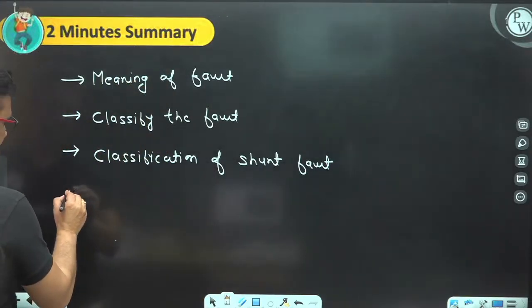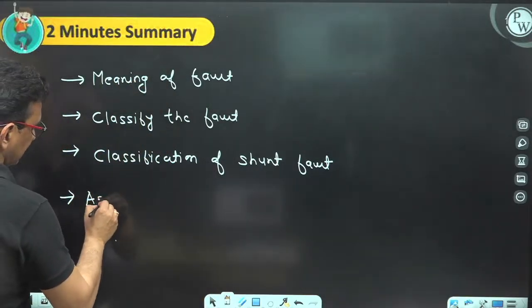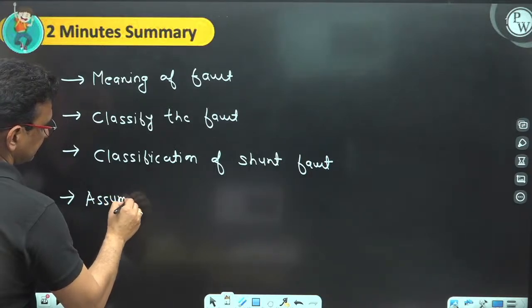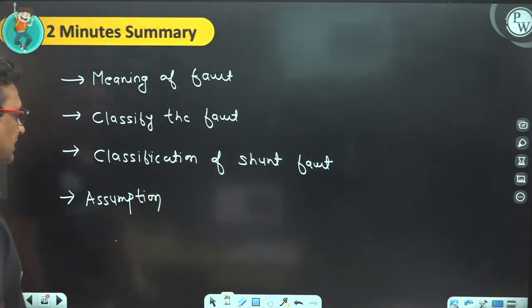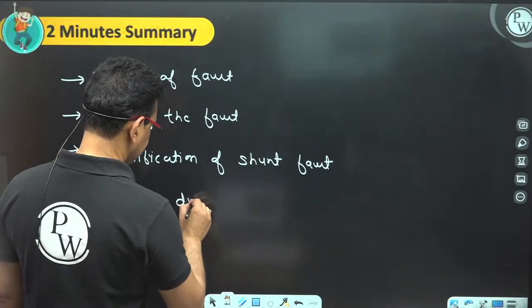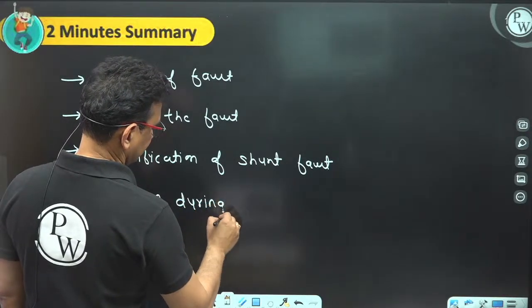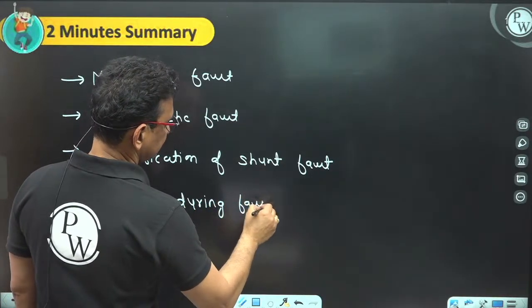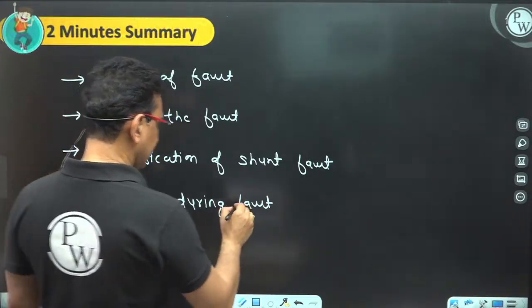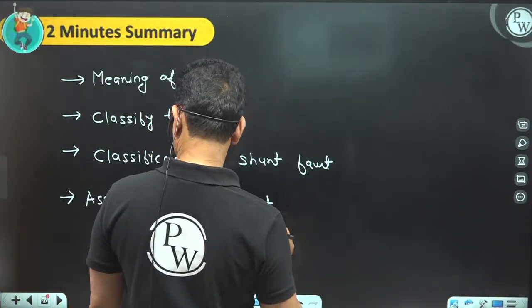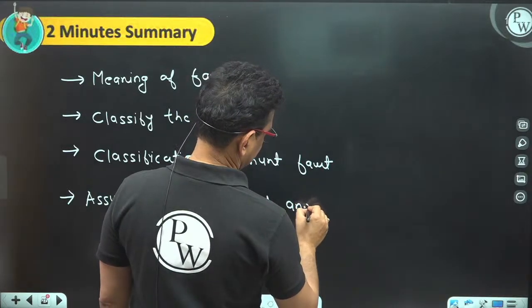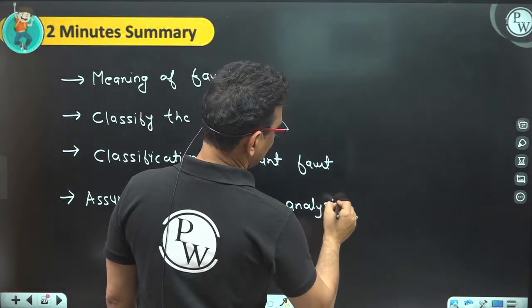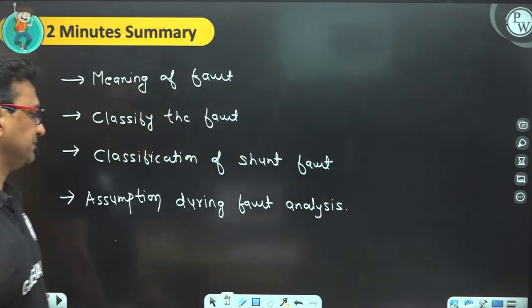After that, I discussed what assumptions we make during the fault analysis. These assumptions have been made just to reduce the time to calculate the value of fault current. That's all.